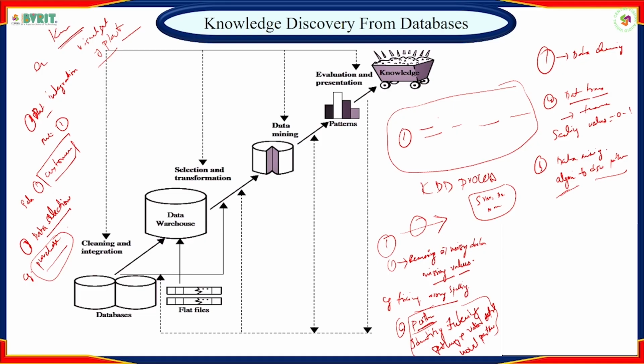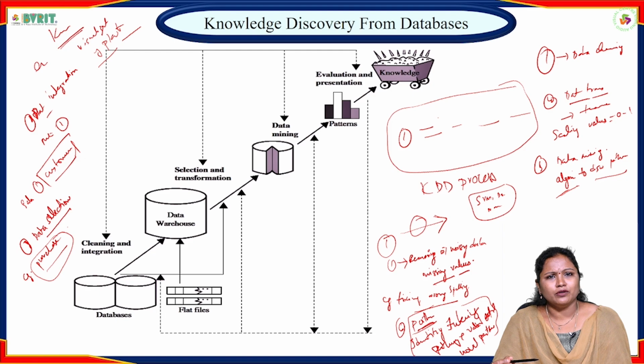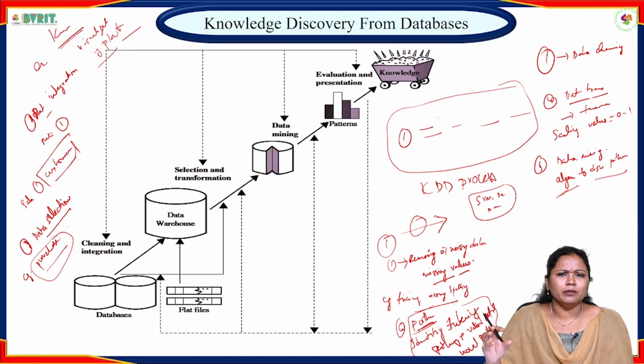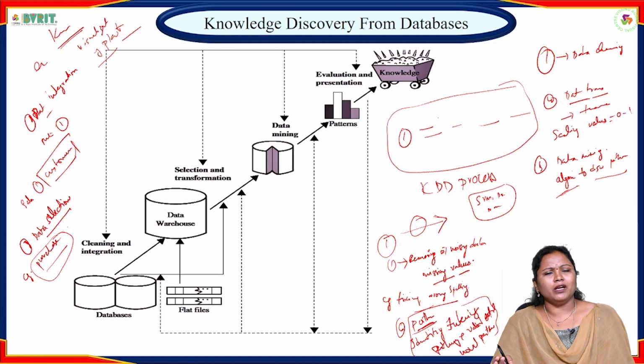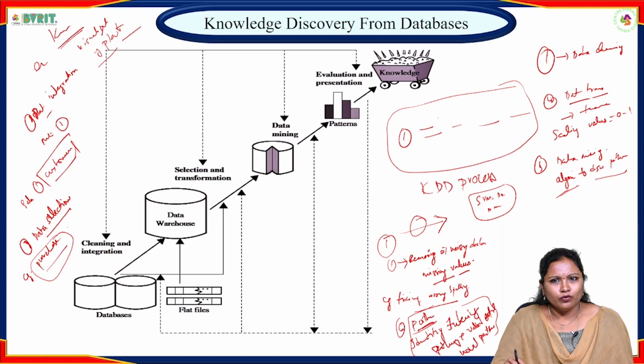Cleaning is nothing but eliminating the missing values, making corrections, everything. So first, for each and every database, we clean the data. We eliminate the missing values. We consider only some set of data from the database.